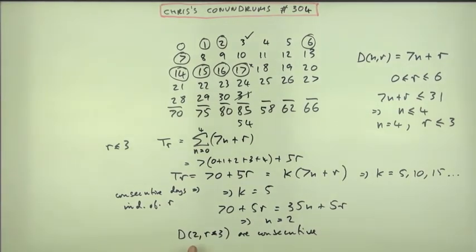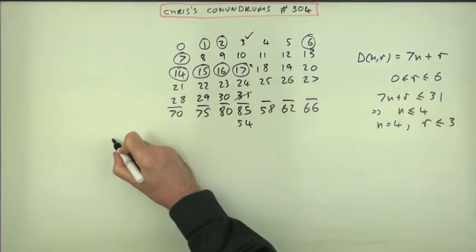And those dates are 14, 7 twos, and then plus 0. So 14, 15, 16 and 17th of, you'll only get r equal to 3, you'll only get all 4 days in a 31-day month. Of 31-day months.